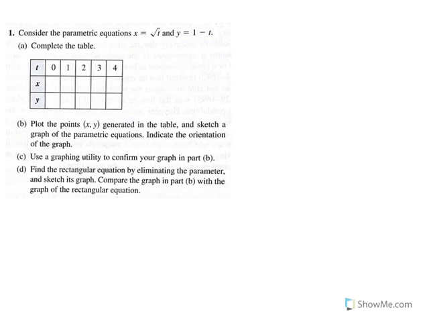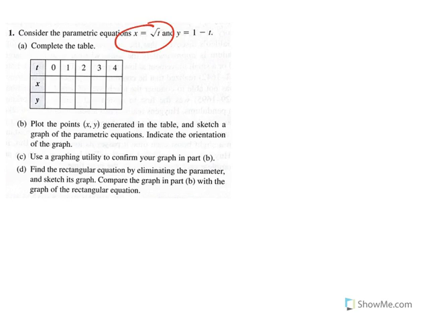So we have some values of the parameter t already filled out in the table. In this particular case, you cannot have t be a negative value. Why can't we have t be negative?